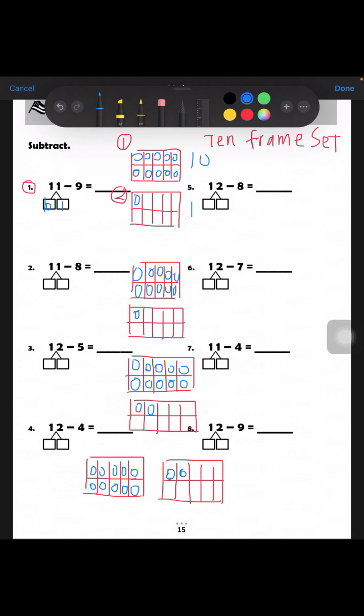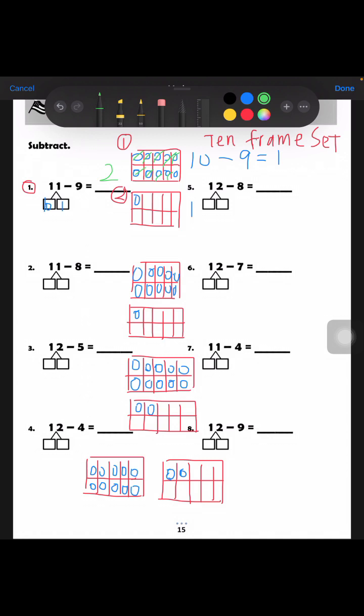So which set should we choose, the first one or the second one? Yes, we should choose the first one, and we cross out 9 circles. So how many circles left in the first set? 10 minus 9 equals 1. So 1 circle is in the first set and 1 circle in the second set. So that means the total is 2. So 11 minus 9 equals 2.